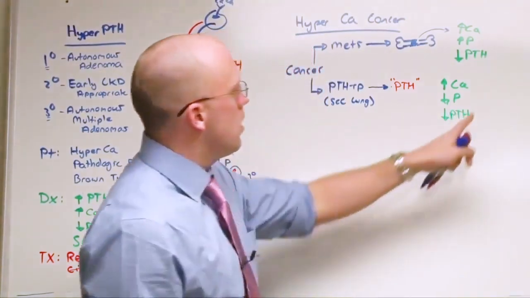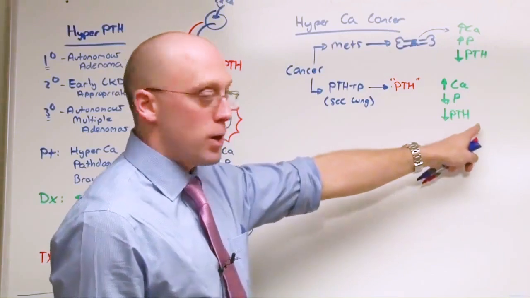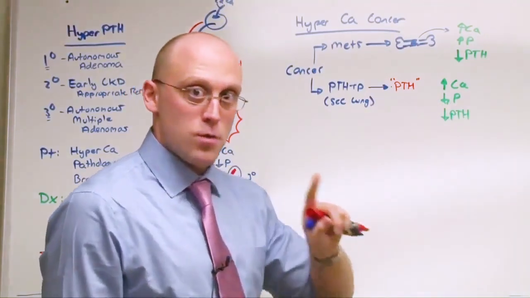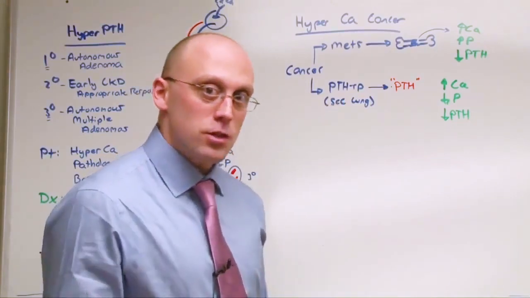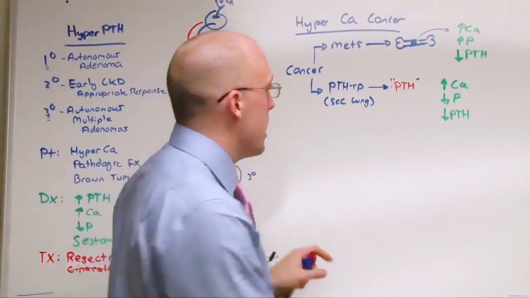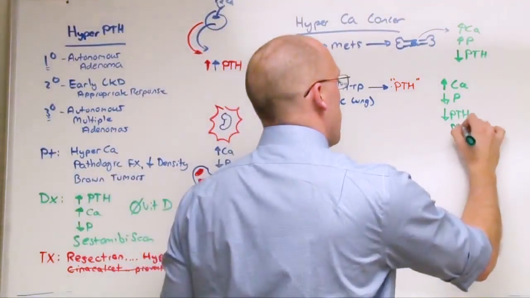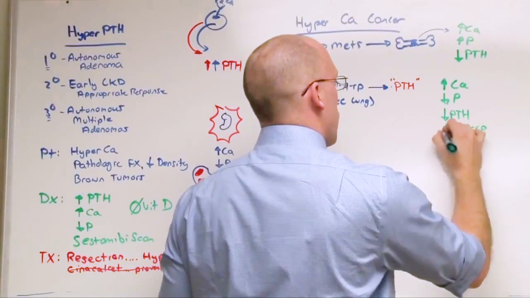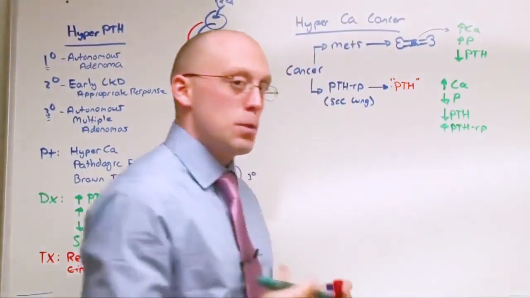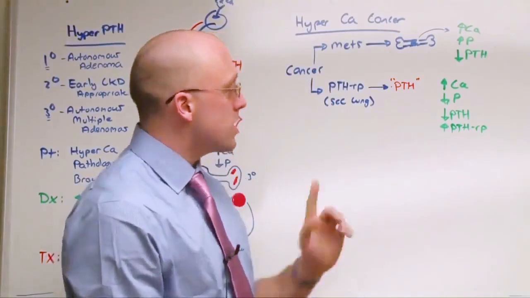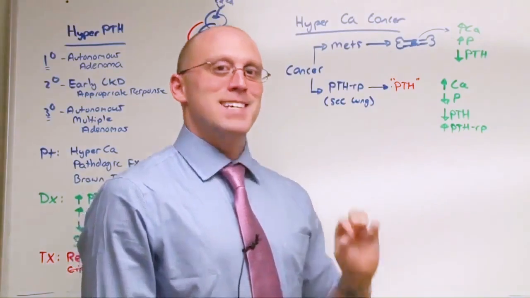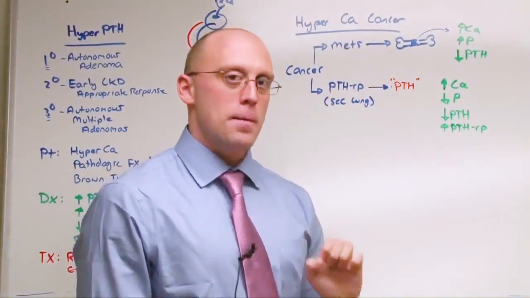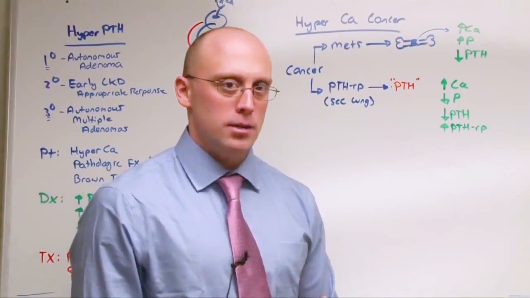If you see high calcium, low phos, low parathyroid hormone, especially if they give you information about a chest mass, the answer to diagnose this is to obtain a parathyroid hormone-related peptide, which will be elevated. This is important because our test that assesses for parathyroid hormone does not assess parathyroid hormone-related peptide.